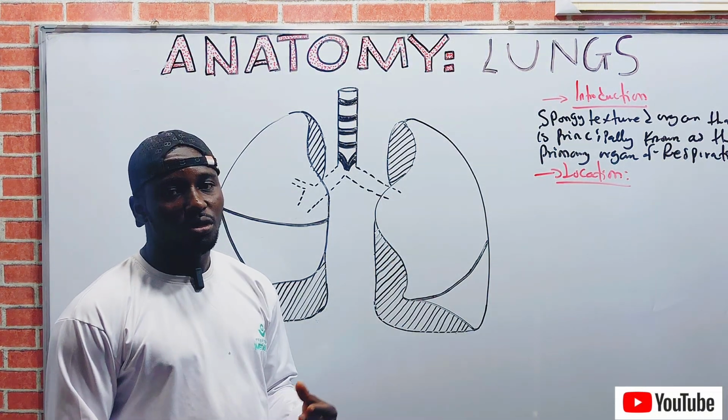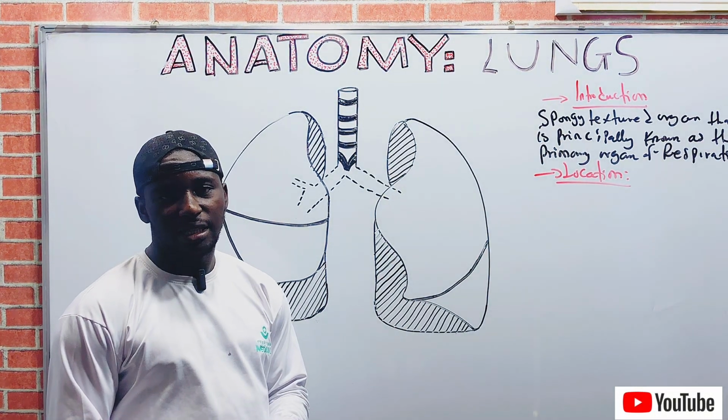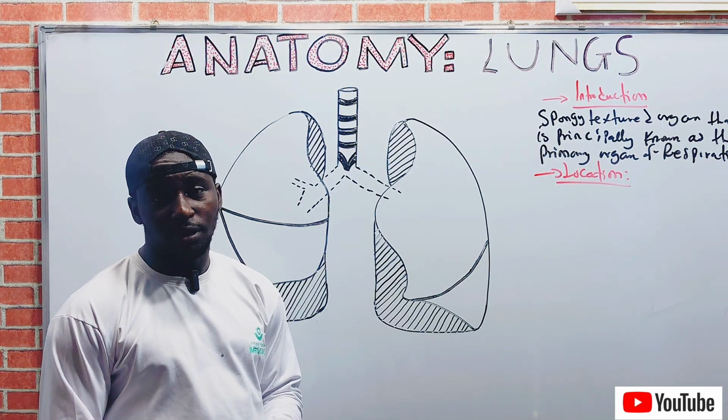So the lungs, there is two of them, occupies the right and left lateral compartment of the thoracic cavity.